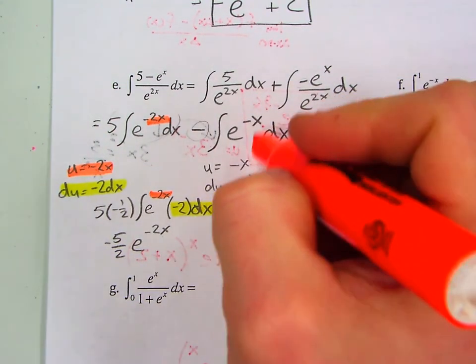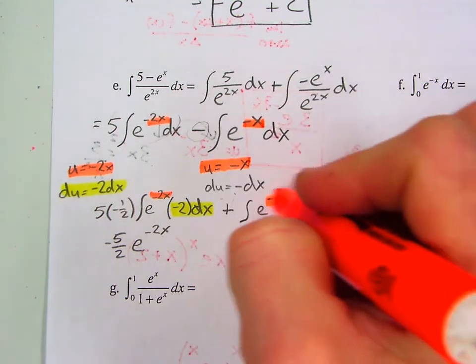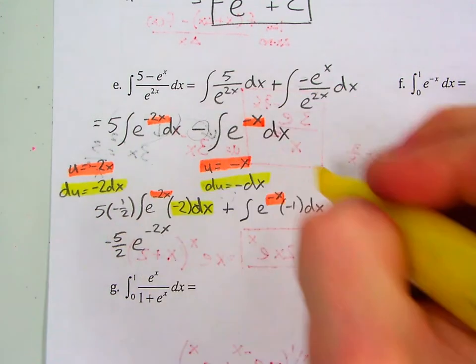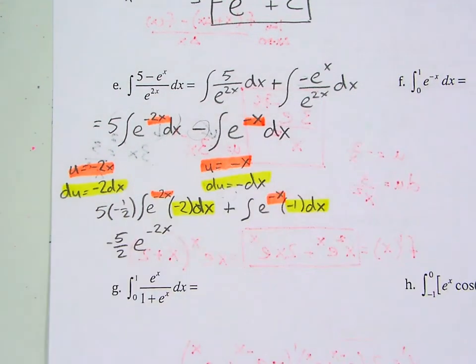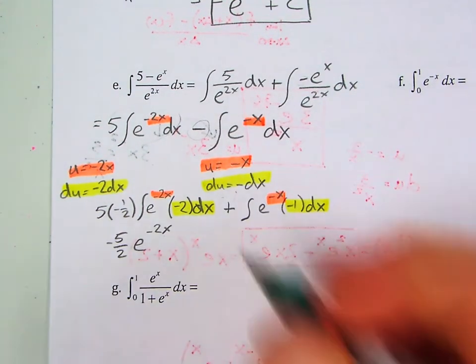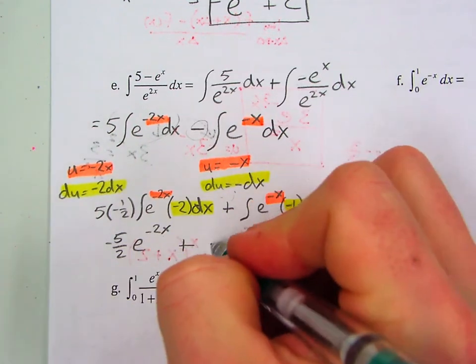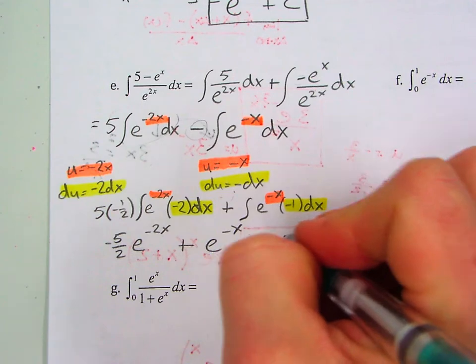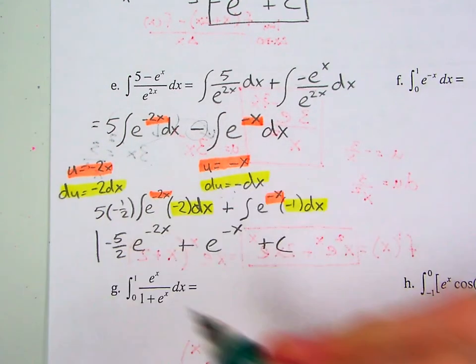So you can see your u here, and then you can see du. And we can go straight to integrating this as plus e to the negative x, and then plus C.